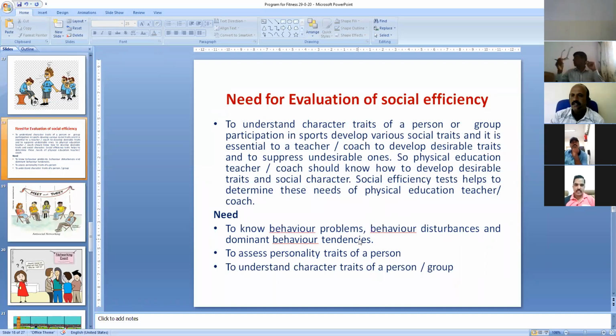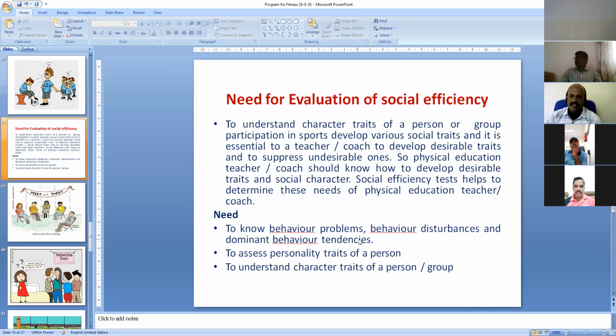But the actual way is to understand why he is behaving like that, so that you can give a better solution, or a better remedy to that student to adjust with others. So punishment or scolding is not always the right way to correct all those things.